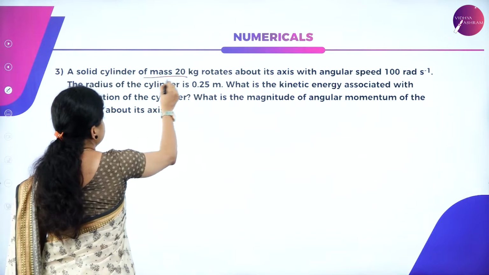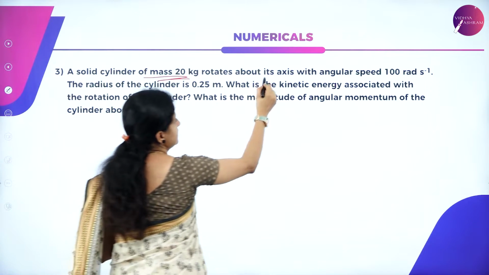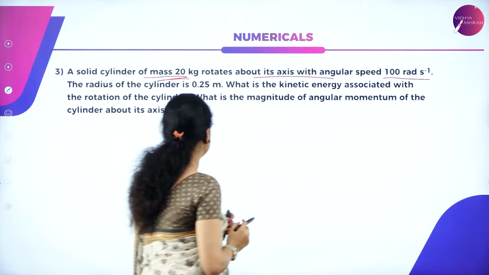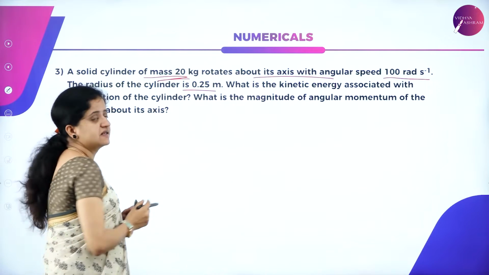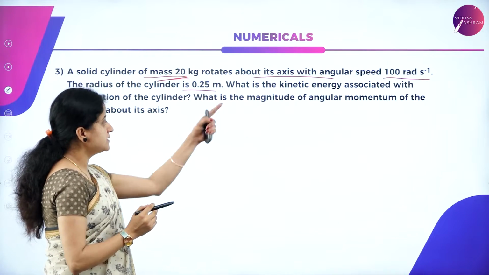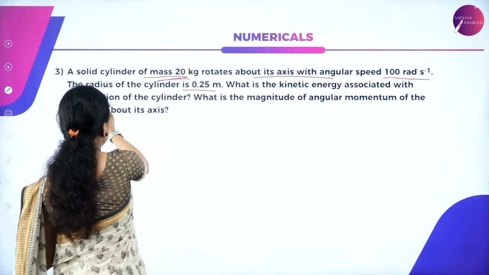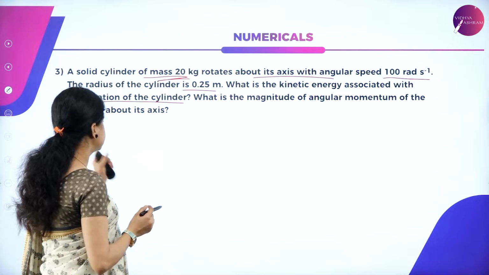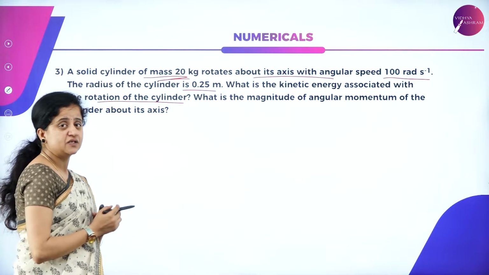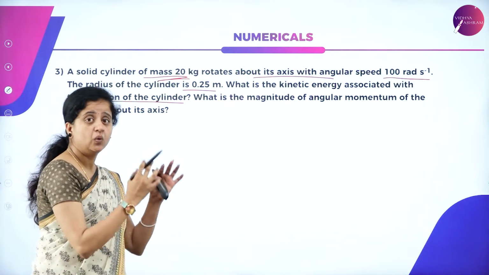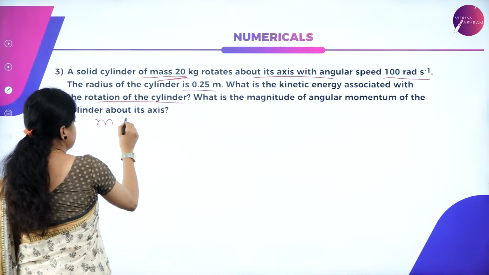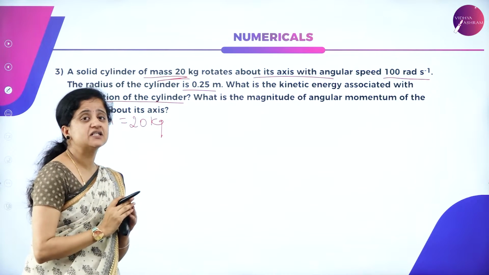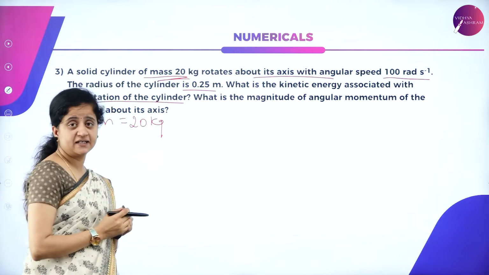A solid cylinder of mass 20 kg rotates about its axis with an angular speed of 100 radians per second. The radius of the cylinder is 0.25 meter. What is the kinetic energy associated with the rotation of the cylinder? What is the magnitude of angular momentum of the cylinder about its axis? So we have a cylinder whose mass is 20 kg and it rotates about its axis with angular speed 100 radians per second.